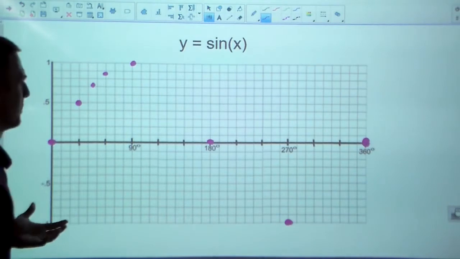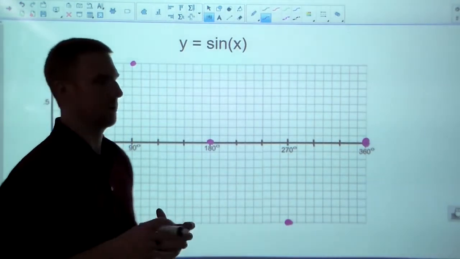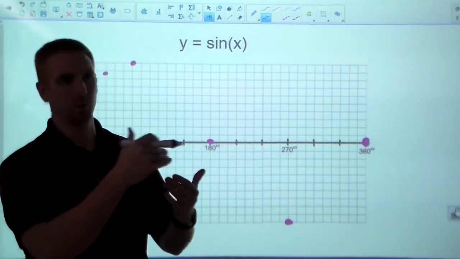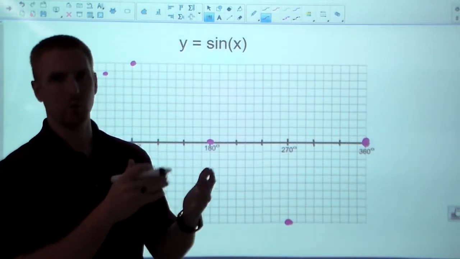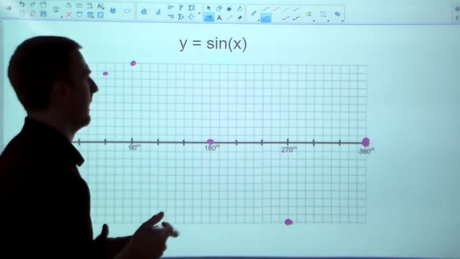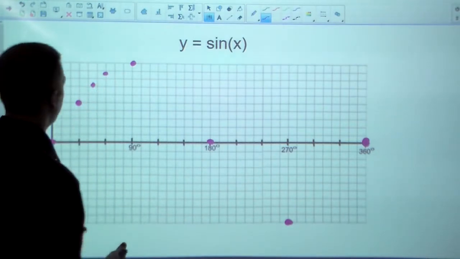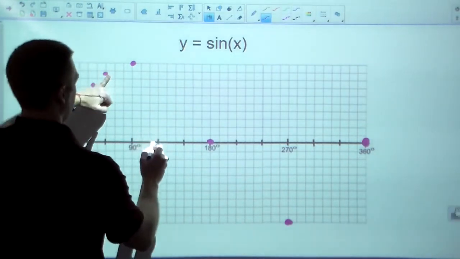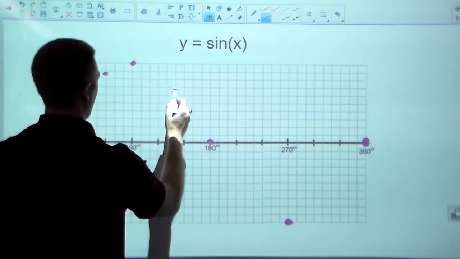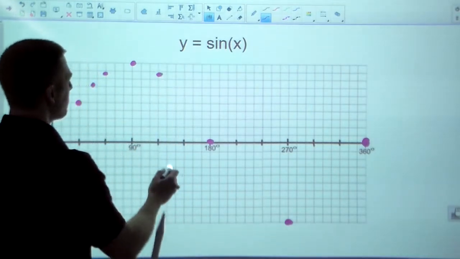And then there's a lot of symmetry going on, and that's really the key to the unit circle, is just remembering which quadrant you're in, which values are positive, negative. Once you know these three in the first quadrant, the rest aren't too bad. So it's going to basically be a mirror image. At 120, it's also around 0.87.